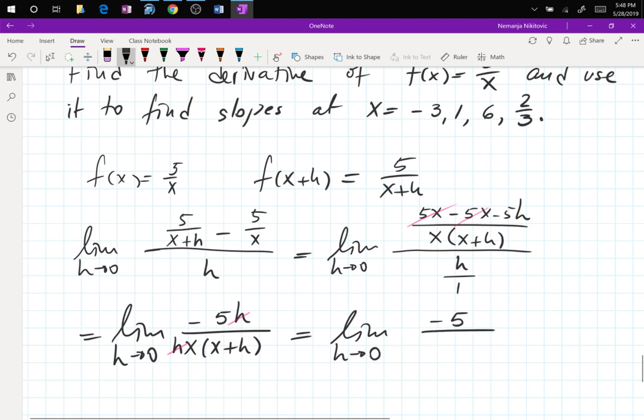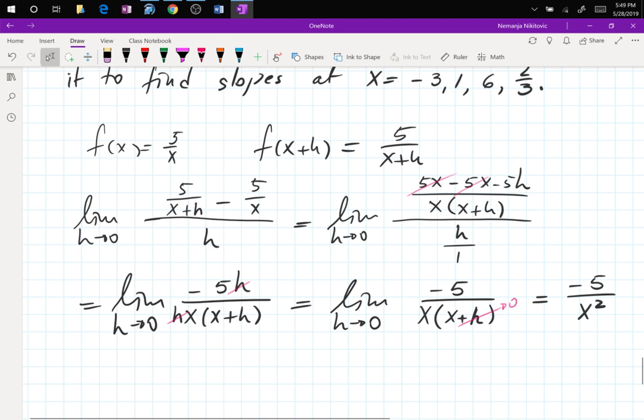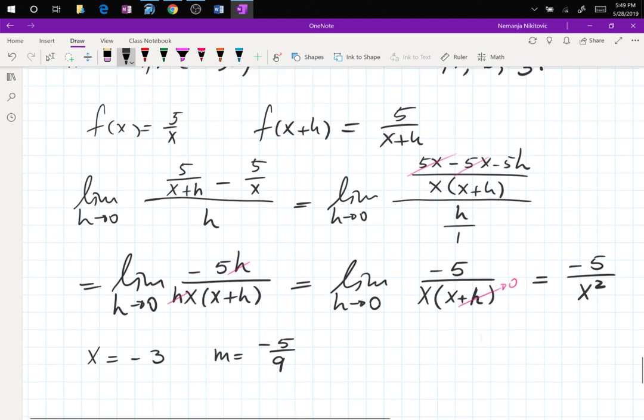So all we have to worry about is this, where h goes to 0. And we have negative 5 over x squared. So now, if x is negative 3, the corresponding slope is negative 5 over 9. Great.